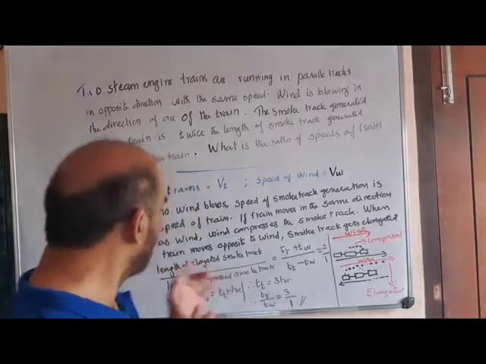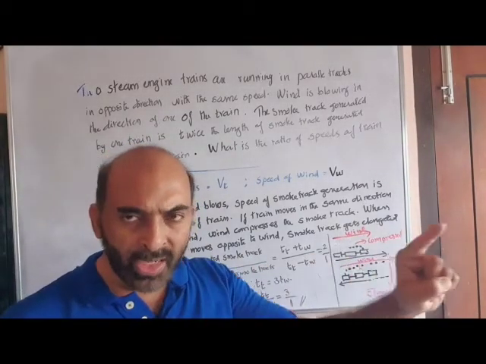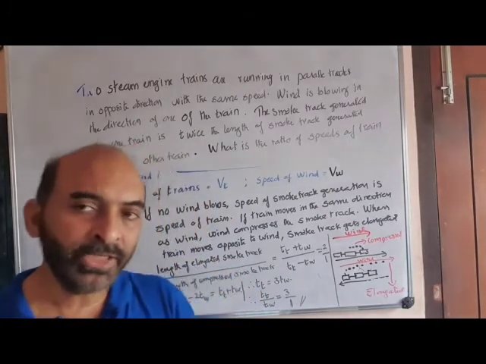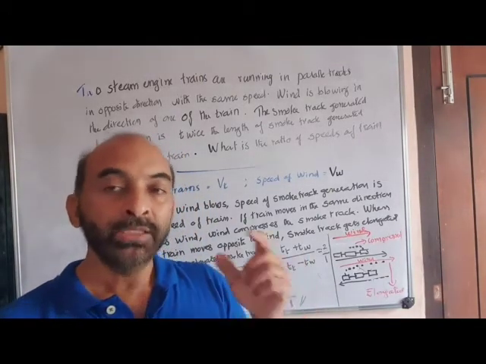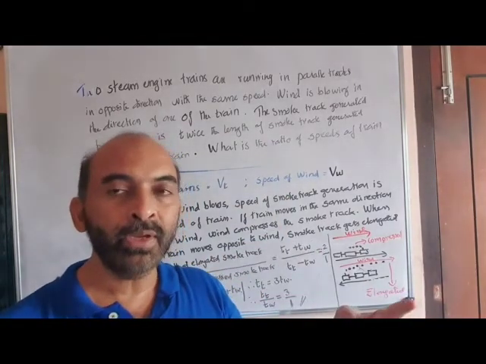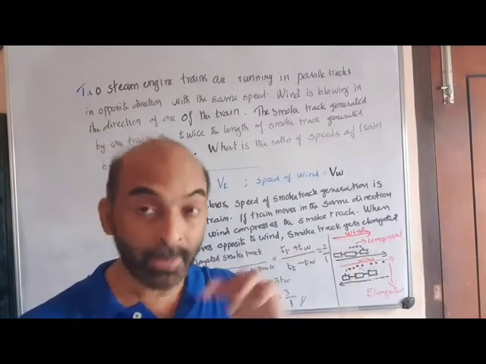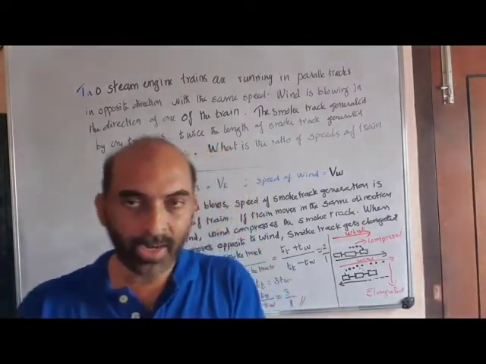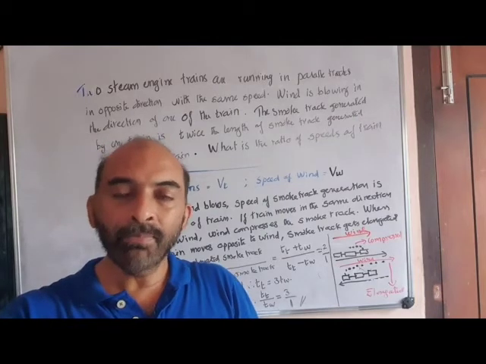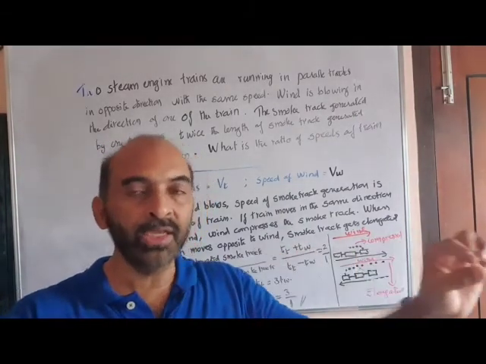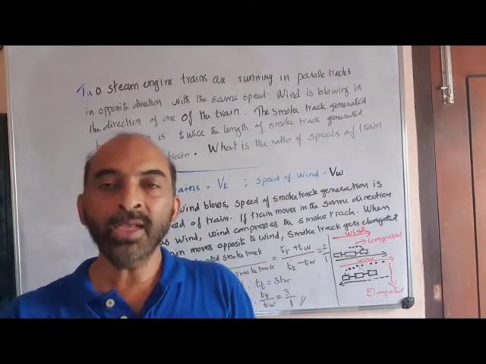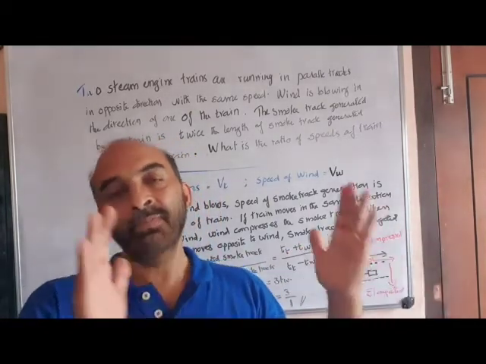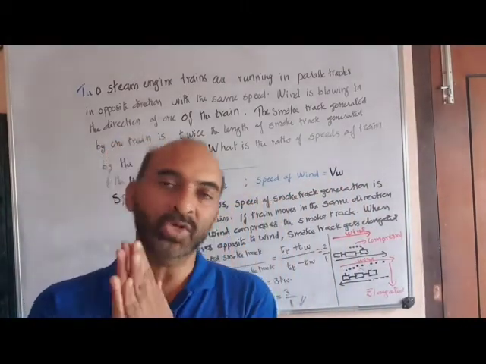Now we can say that the ratio of the length of the elongated smoke track to the length of the compressed smoke track will be, speed of the train plus speed of the wind will be proportional to the length of the elongated smoke track, and speed of the train minus the speed of the wind will be proportional to the length of the compressed smoke track.